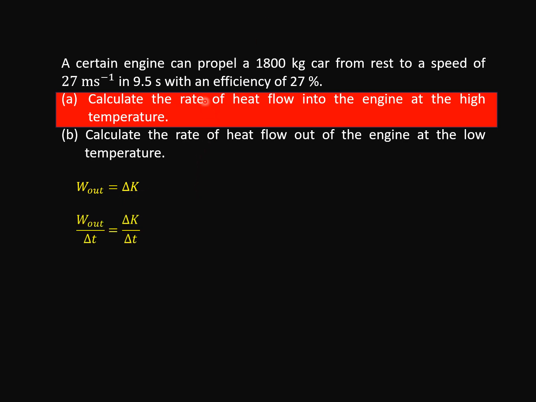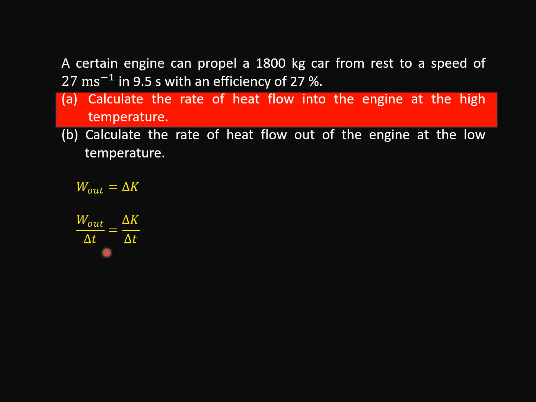The process of changing the speed of the car from 0 meters per second to 27 meters per second, the whole process takes 9.5 seconds. So now we want to know about the rate.